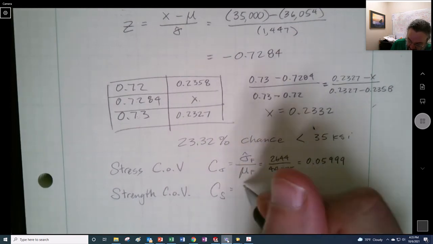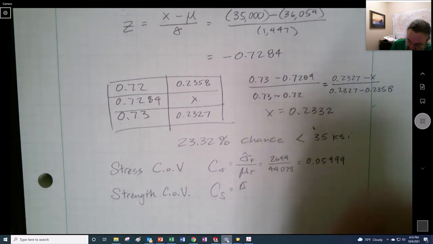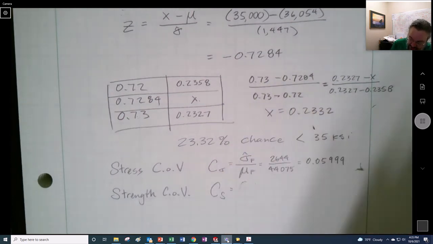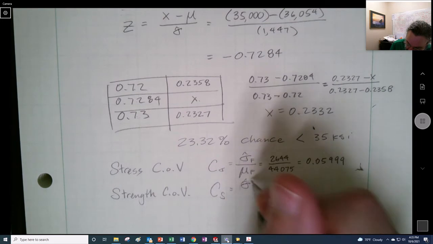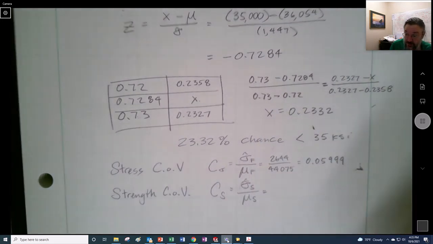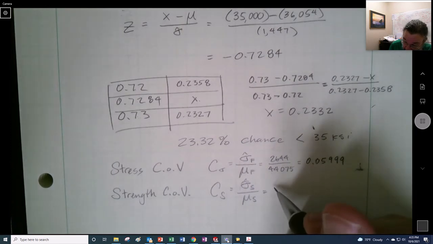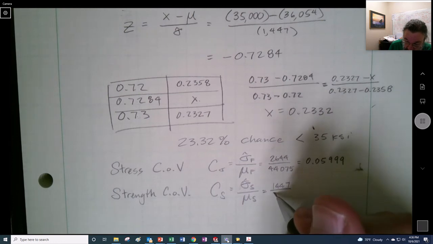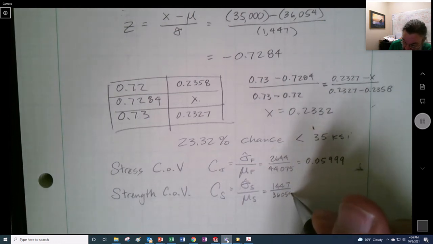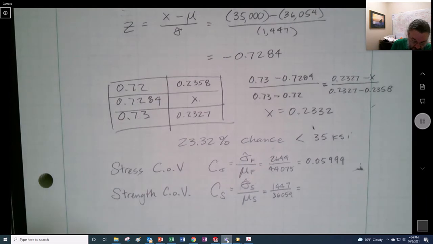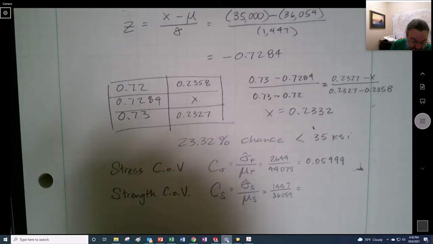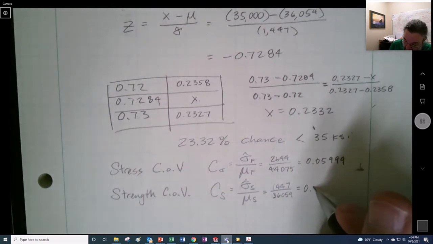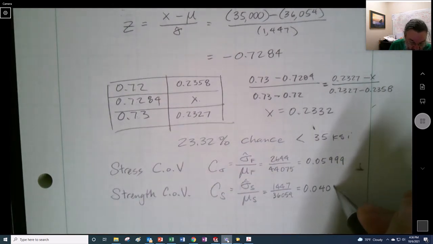And so that's going to be this guy, Mu s, and so that ends up being 1,447 divided by 36,054. So 1447 divided by 36054 gives 0.04013.